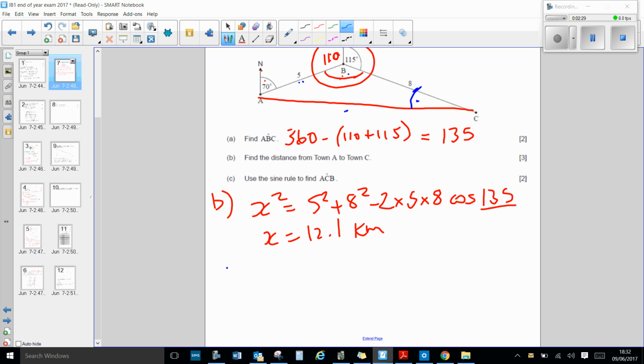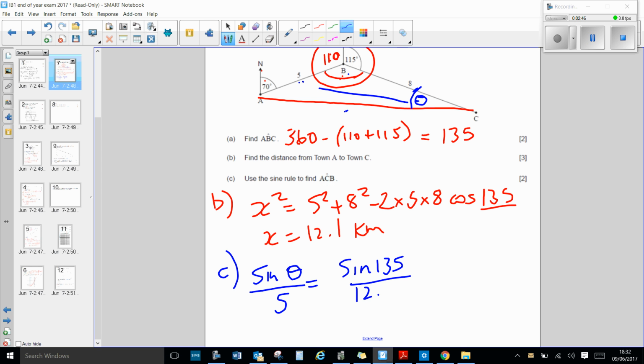So sine of, let's call this theta, theta over the length opposite it equals sine 135 over 12.1. So sine theta is sine 135 over 12.1 multiplied by 5.